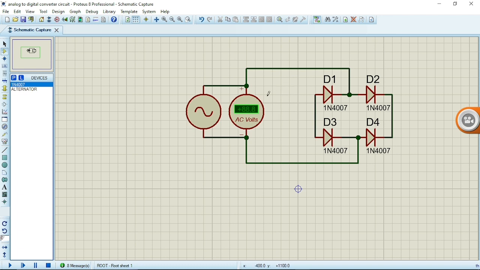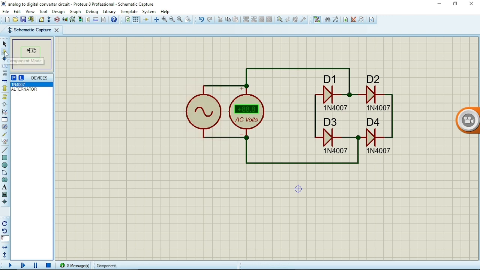If you don't understand what I mean by this, you can let me know and I'll make a video on the sinusoidal wave and what I mean by allowing the positive part of the AC to pass. I'm sorry for that. Okay, so that's what we use bridge rectifier for, to convert AC to DC.